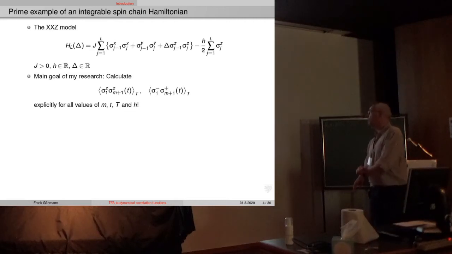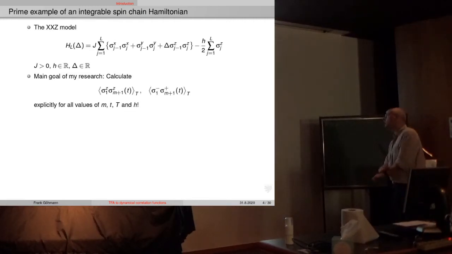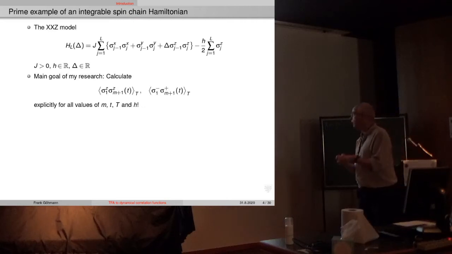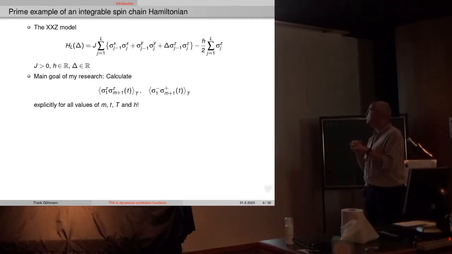So the main goal of my research for many years is to calculate such two-point functions, dynamical and at finite temperature. And I want to know this function for all values of distance of the spins, for all times, for all temperatures, low and high, and for all values of the magnetic field.